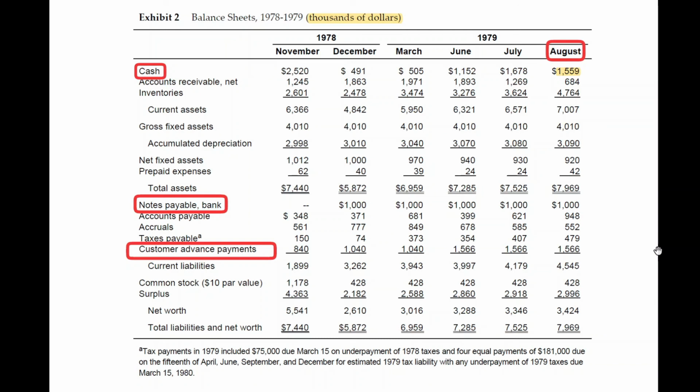The company borrowed $1 million from a bank in December of last year, with cash at the end of August of $1.5 million and notes payable equal to $1 million. You're probably wondering why the company just didn't use this cash to pay back the bank. However, it cannot, because this $1.5 million in cash is the advance payment received from the customers.